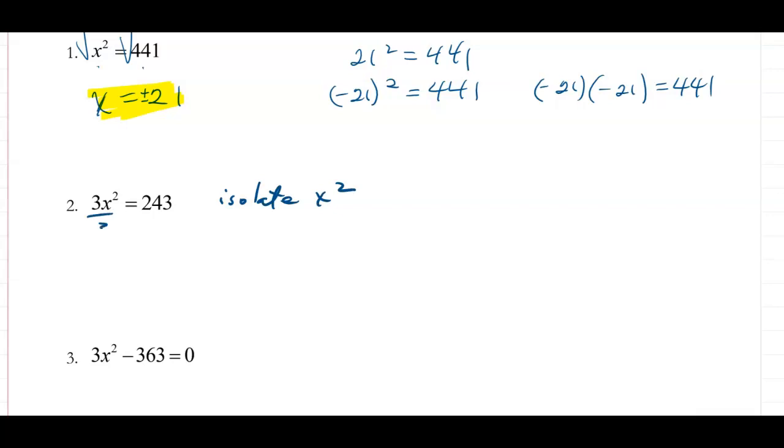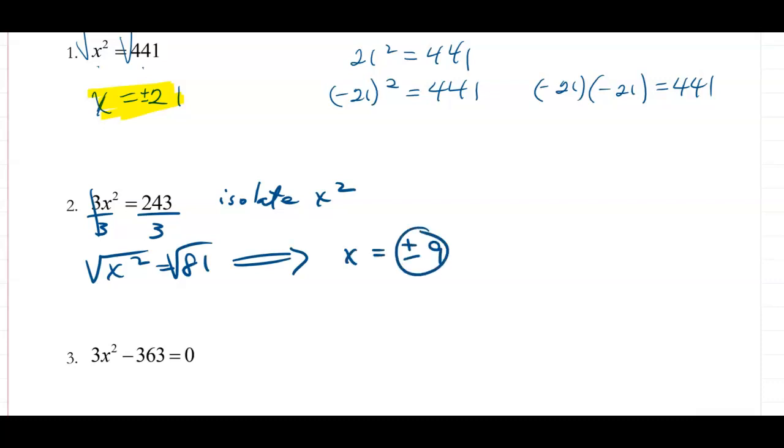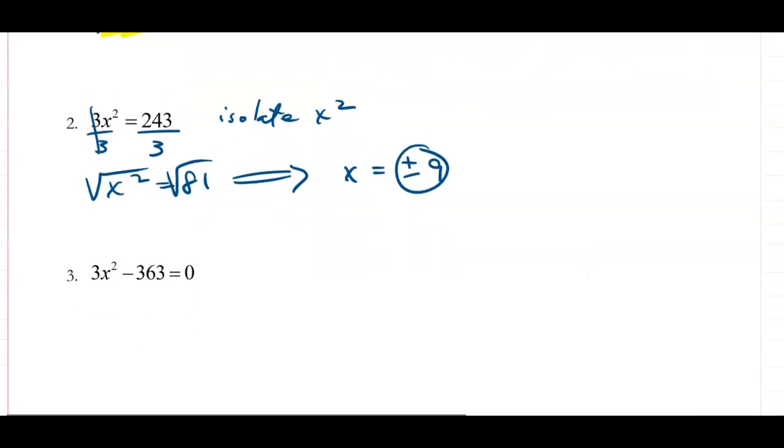And so we're going to divide each side by 3, and we'll get x squared is equal to 81. 81 happens to be a perfect square, so we'll take the square root of both sides, and this is going to give us x is equal to plus or minus 9. And that's because 9 squared is 81, and negative 9 squared is also 81.